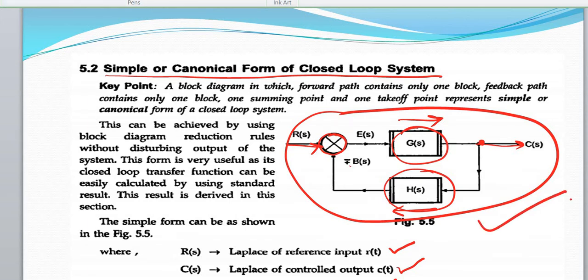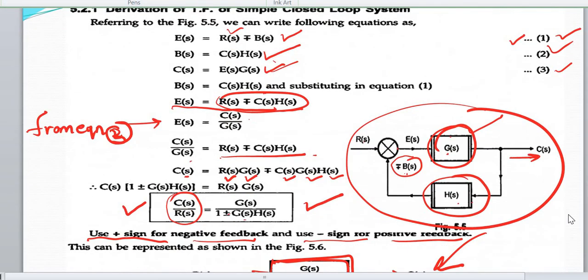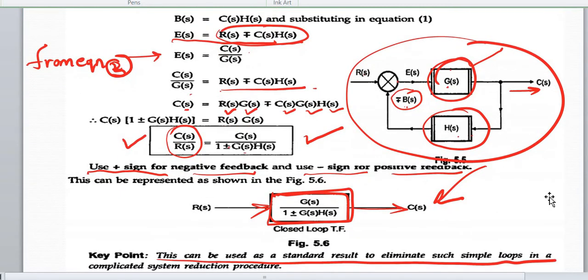Applying the canonical formula, that is G(s) divided by 1 plus or minus G(s)H(s), we can obtain the transfer function of a complicated block diagram.